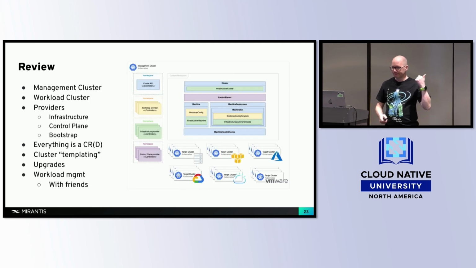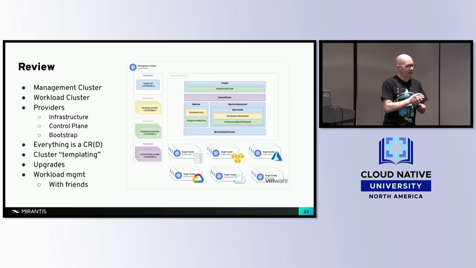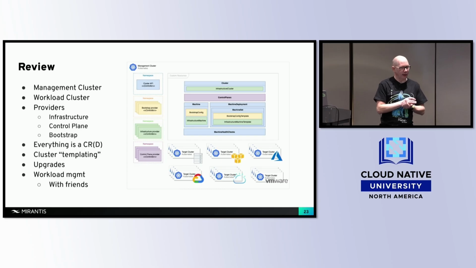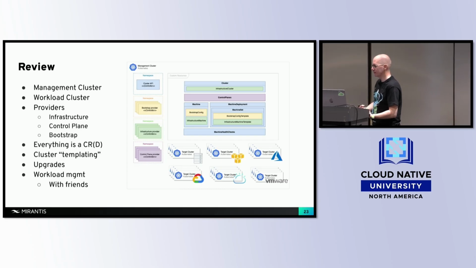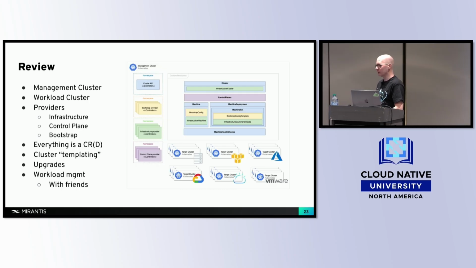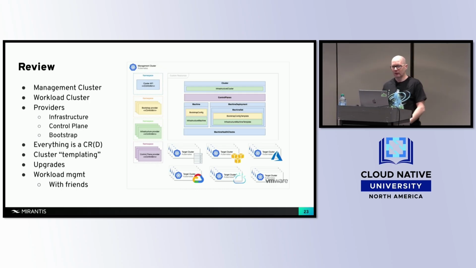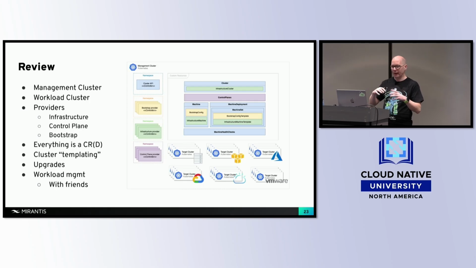All right. So Cluster API is a way to get declarative management, a central place to manage your workload clusters, with different providers, abstracting away the infrastructure, control plane, and bootstrapping of worker nodes.